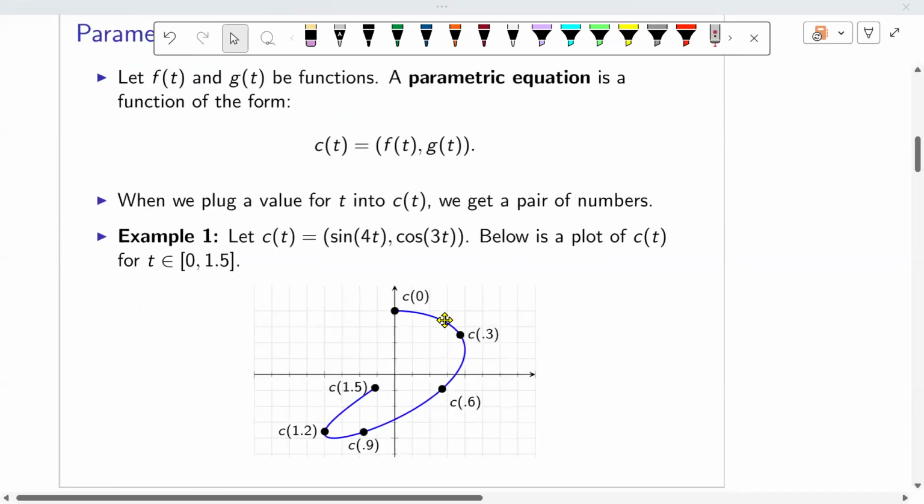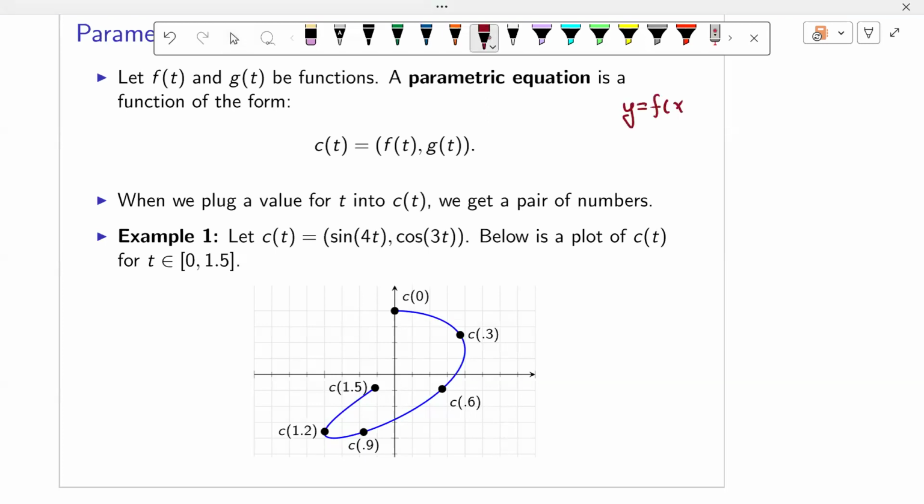Typically what we do is we think of plots, we think of just one function at a time, right? We have typically y equal to f of x. So there's a function, you plug in x values, you get a y value out. Each x gives a unique y.